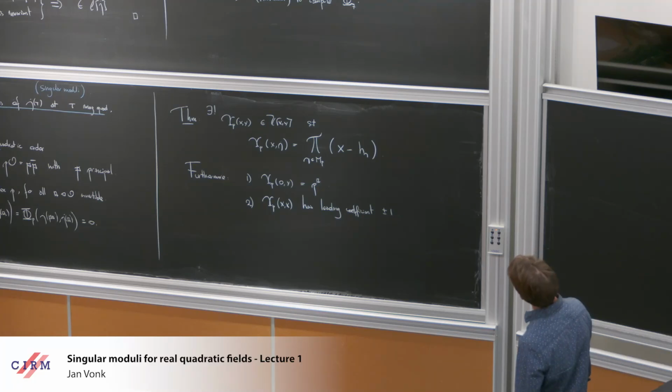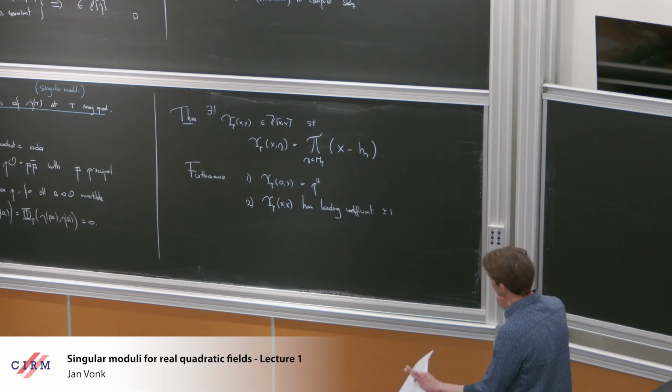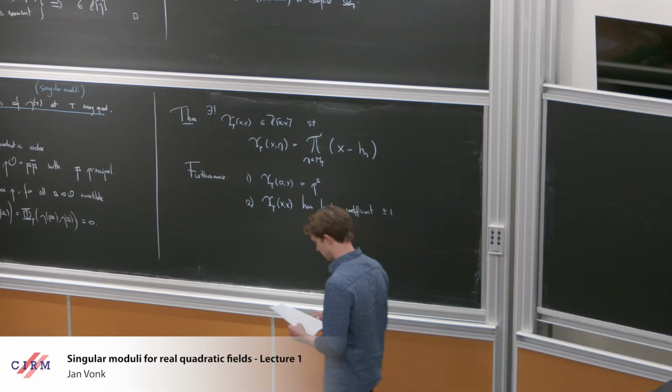I didn't put a third point because I'm not sure what to say about that. I'm not sure if there's any kind of appetizing Kronecker congruence for these epsilon polynomials. Maybe no, I just don't know.